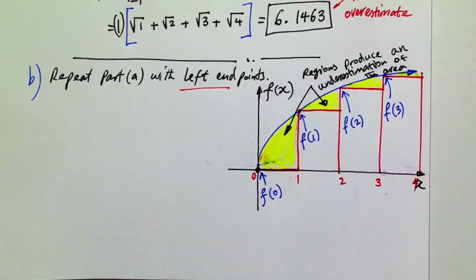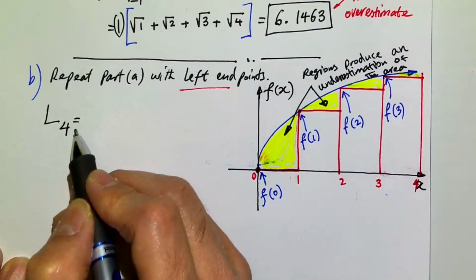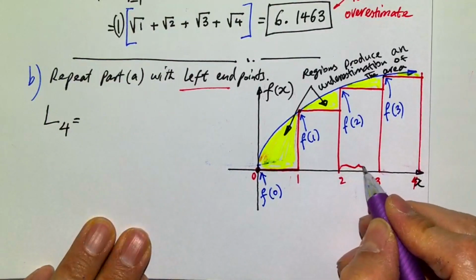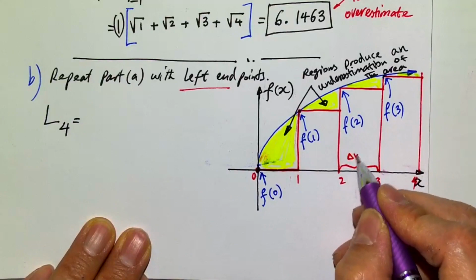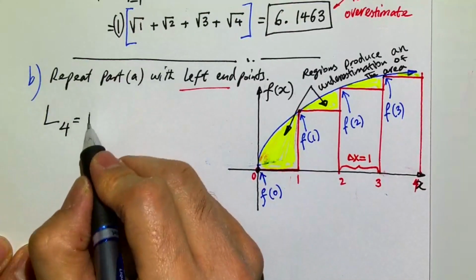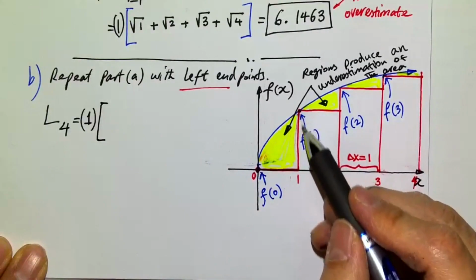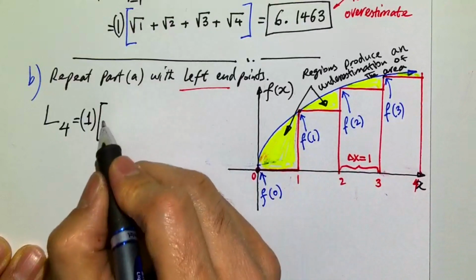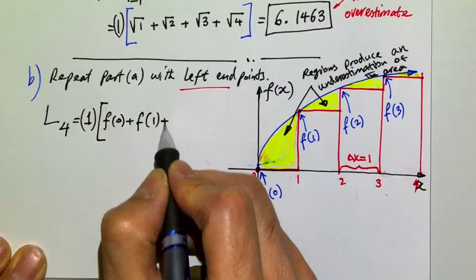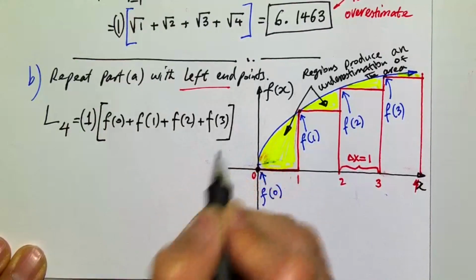Okay, so that's all. And then for the left side, the Riemann sum will produce, and delta x, of course, is the same, right? So delta x here is equal to 1. We have 1 times each of those function values, f at 0 plus f at 1 plus f at 2 plus f at 3.